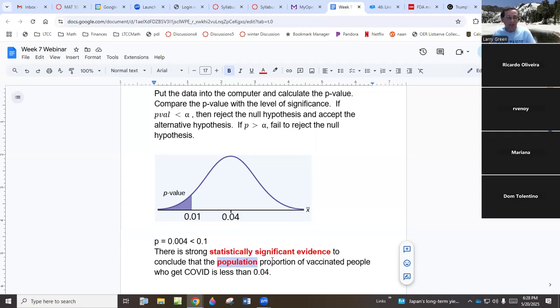Any questions on this? So if there's strong statistically significant evidence to conclude the population proportion of vaccinated people who get COVID is less than 4%, what happened? We're talking about 4.5 years ago.